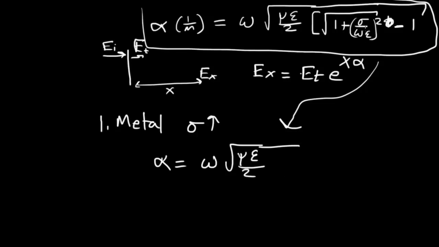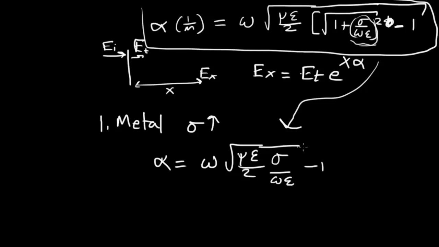If you look at what's going on inside this expression, you see that the sigma over omega times epsilon is going to overwhelm that one term. Then you take the square root of it, so it's going to be roughly the conductivity over omega times epsilon.